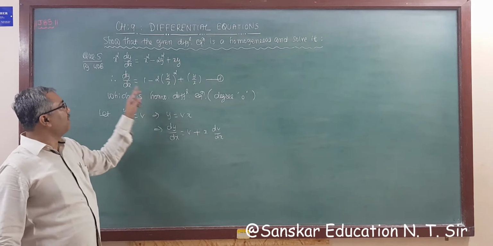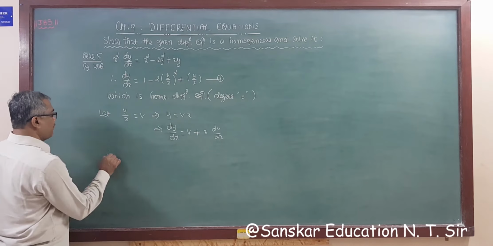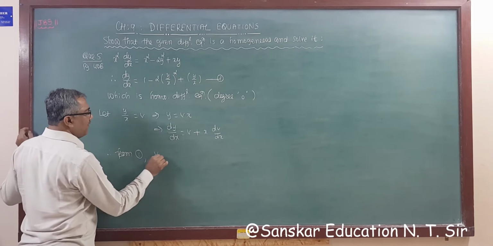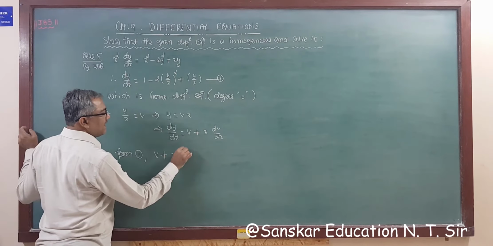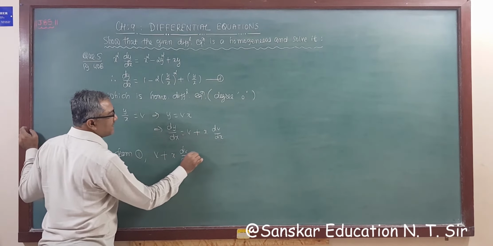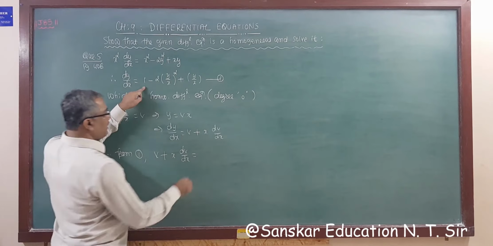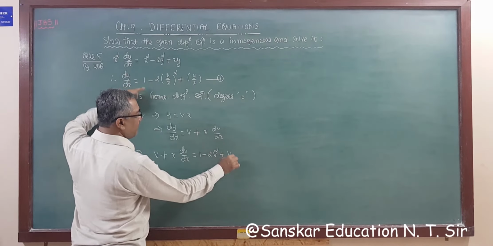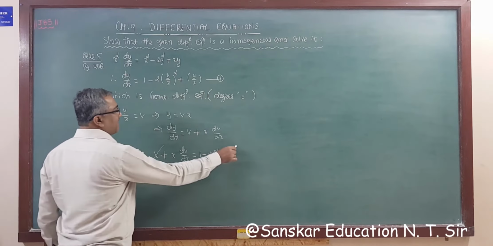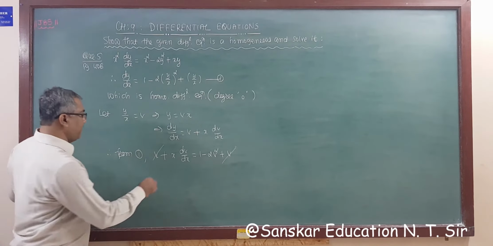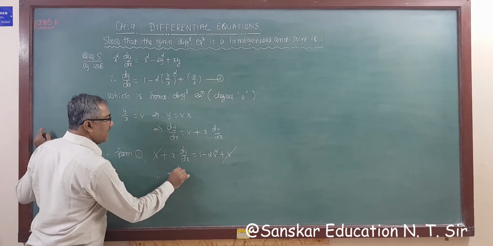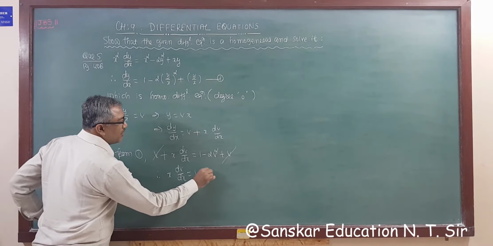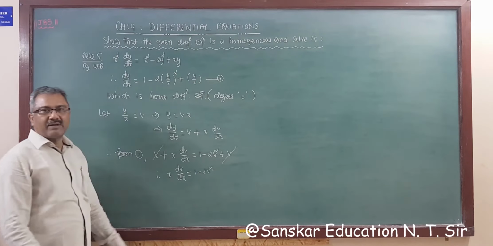Now substituting this value in 1, we get v plus x dv by dx is equal to 1 minus 2v square plus v. Now this v will be cut, so remaining will be x dv by dx is equal to 1 minus 2v square.